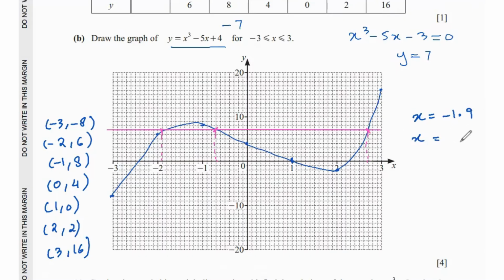Then x equals 0.7, negative 0.7, and x equals 2.7. These are the values of x that I'm getting right now based on my graph. Obviously, it will be different for everyone because it depends on how you've drawn the graph. As long as your values are in the given range, it's going to be correct.